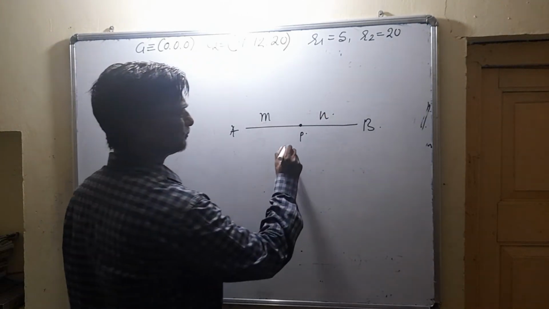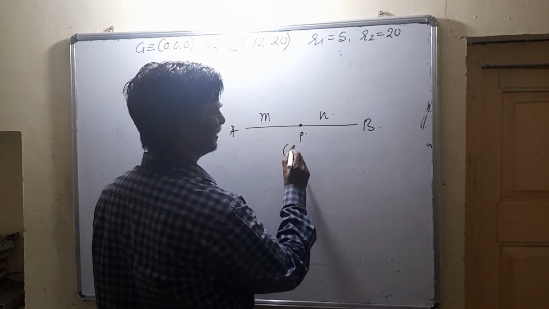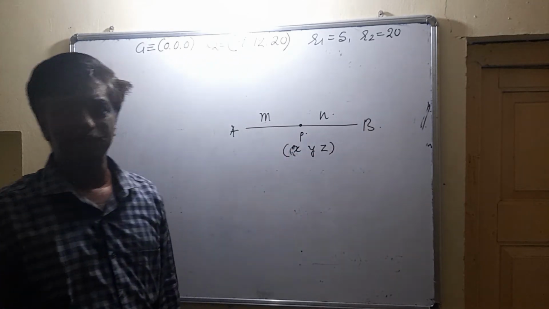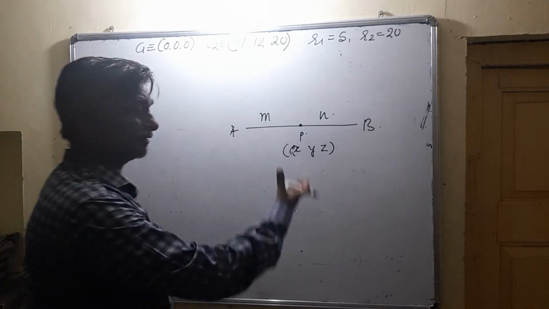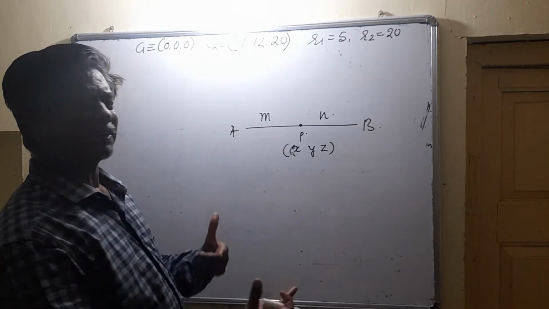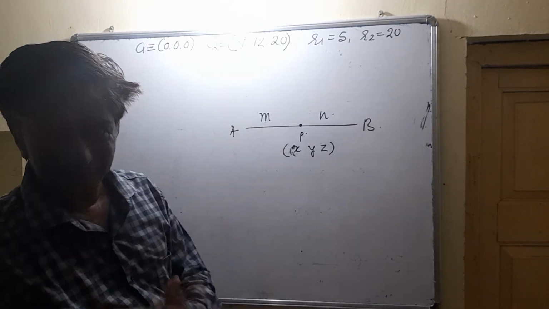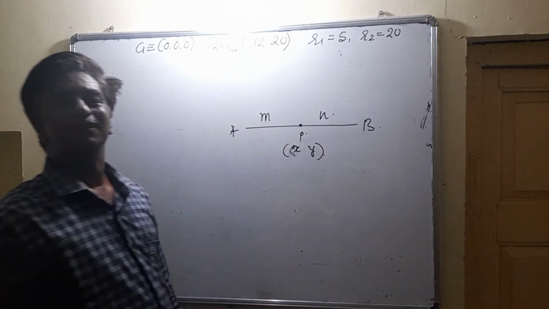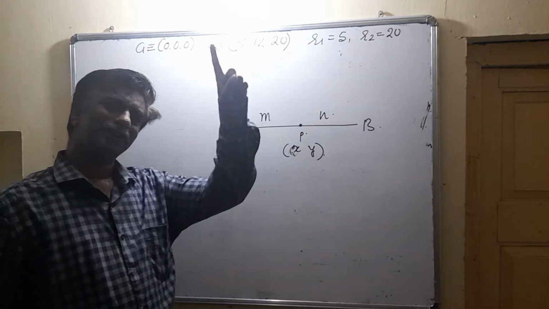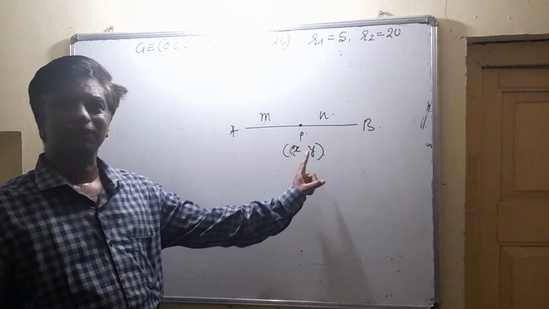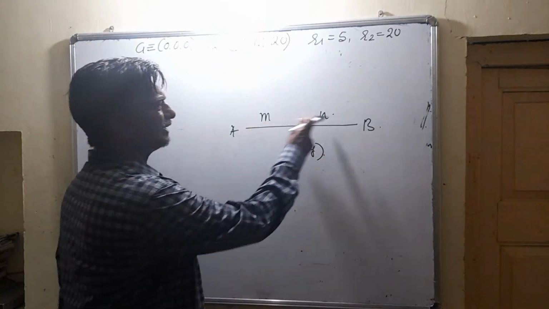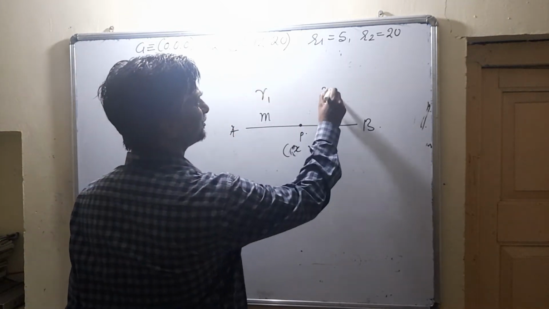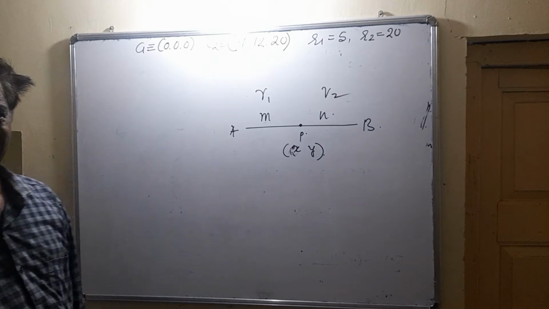For a sphere P has x, y, z, three-dimensional. If it is a circle, only 2 coordinates, P of x, y. And the ratio m:n. Here our ratio is R1 is to R2.